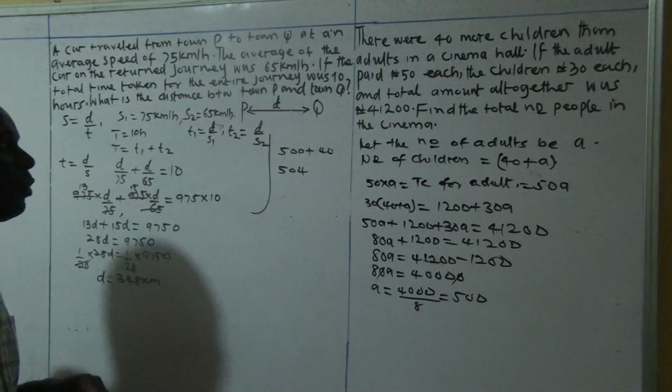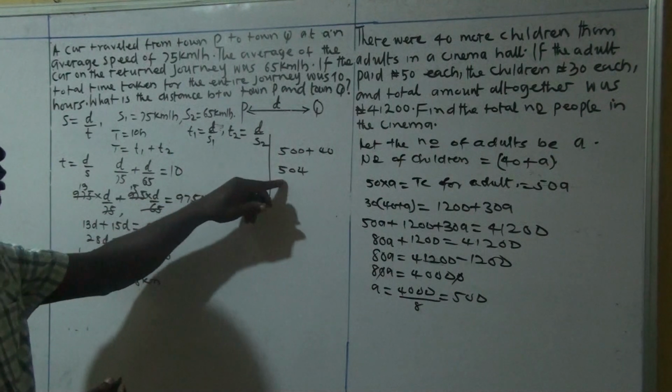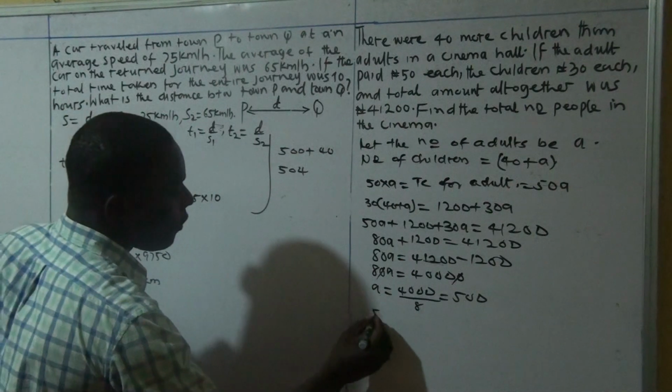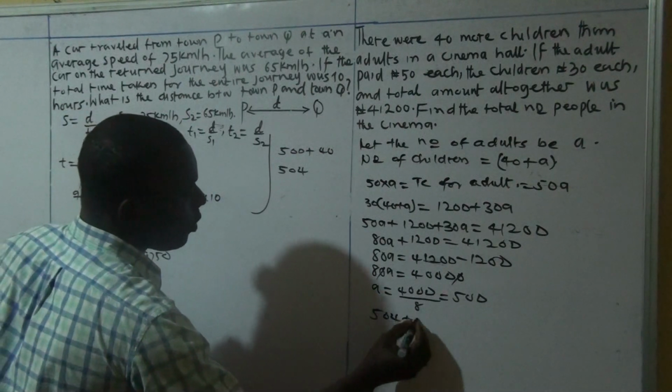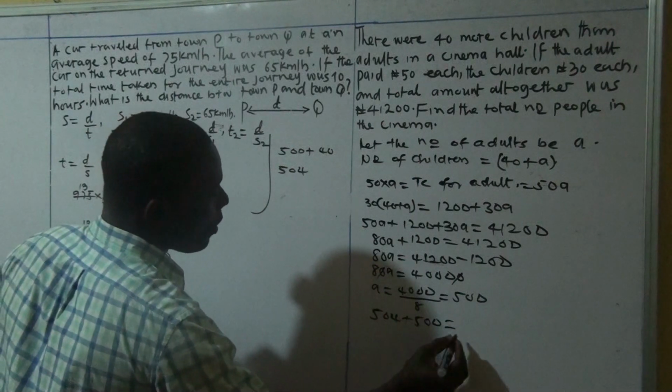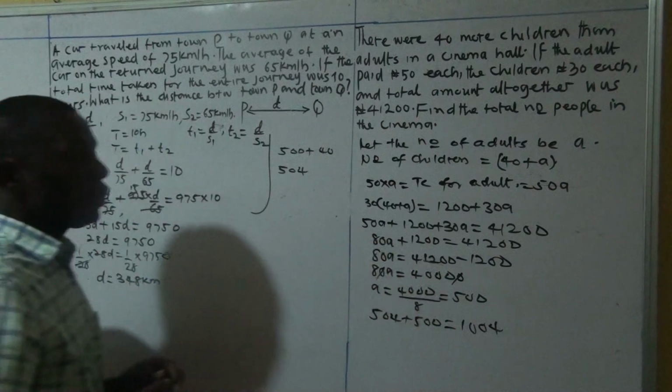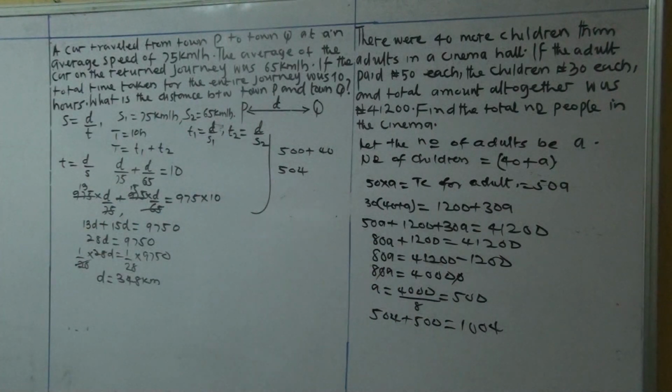So the total number of people in the hall comprises children plus adults, which is 540 plus 500, and that will give us 1040. So the total number of people in the cinema hall is 1040. Okay, this is how to tackle this type of question.